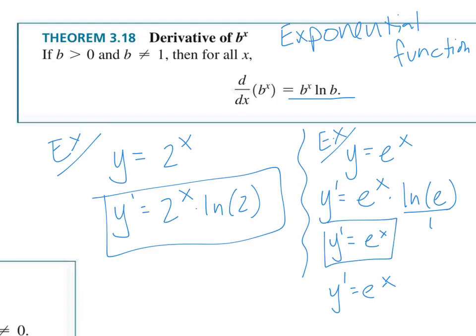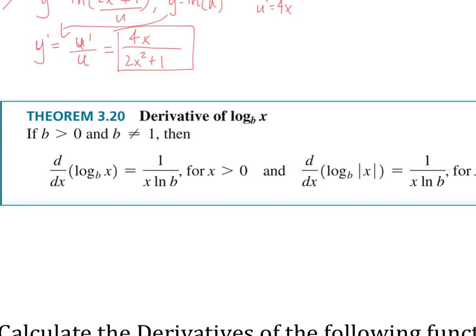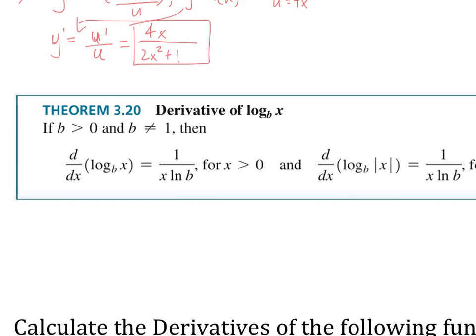So it's not too bad, and hopefully using this example can help you remember how to use the rule over here. All right, let's take a look at another rule, and this is for a log function. Let me write an example out and follow this rule that we've got.